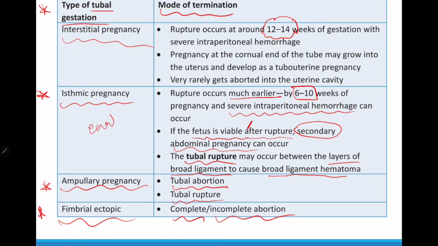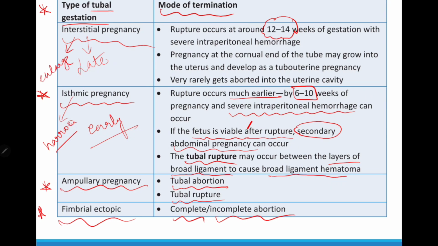Earlier is for isthmic. In isthmic pregnancy, the rupture is going to be earlier, around 6 to 10 weeks. But in interstitial pregnancy, the rupture is going to be late. How to remember this: the isthmus is the narrowest part, whereas in interstitial pregnancy, the uterine muscles are nearby, so it can enlarge.